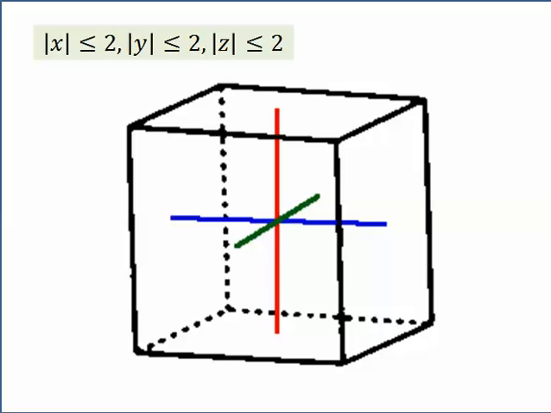For each face, for example, the face x equals 2, the outward normal vector is just going to be 1, 0, 0, because 1, 0, 0 points in the same direction as the x-axis, which is perpendicular to the plane x equals 2. Now, for the plane x equals negative 2, we're pointing in the direction of the negative x-axis.